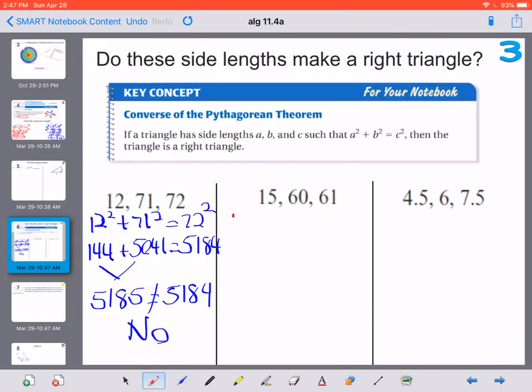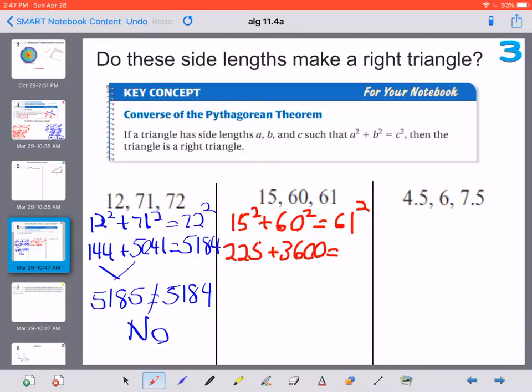Next one, we got 15 squared plus 60 squared equals 61 squared. 15 squared, that's 225. 60 squared, 3,600.